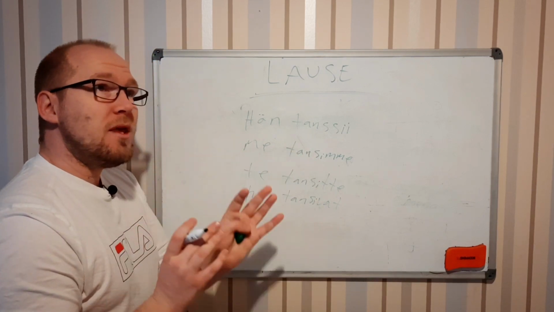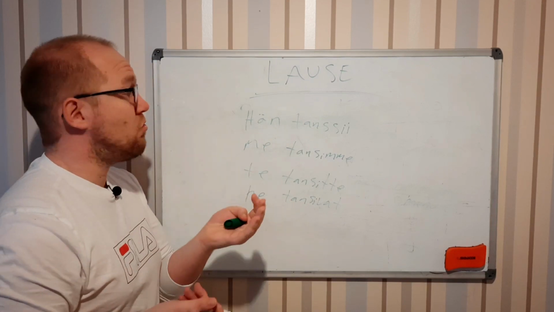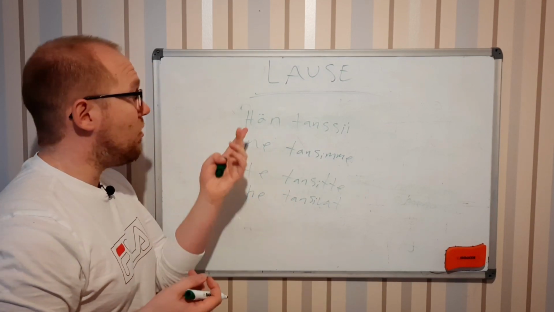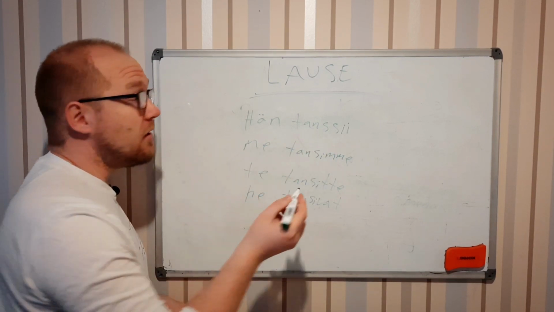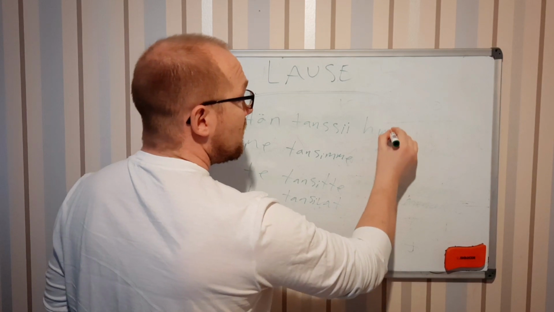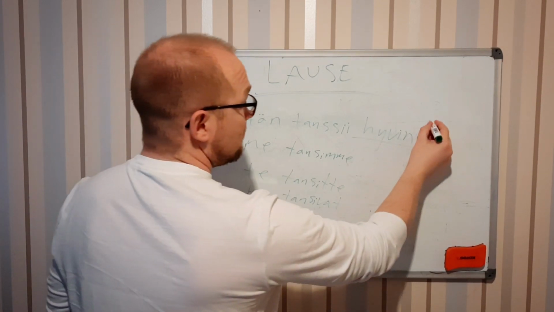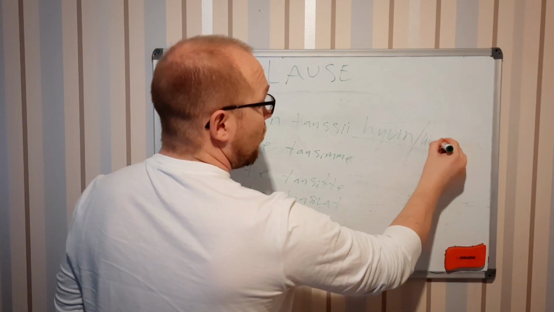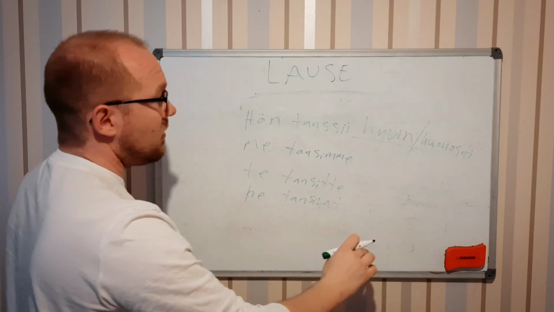But now we can use an adjective, for example, describing how they dance. Hän tanssii hyvin. Hän tanssii huonosti.